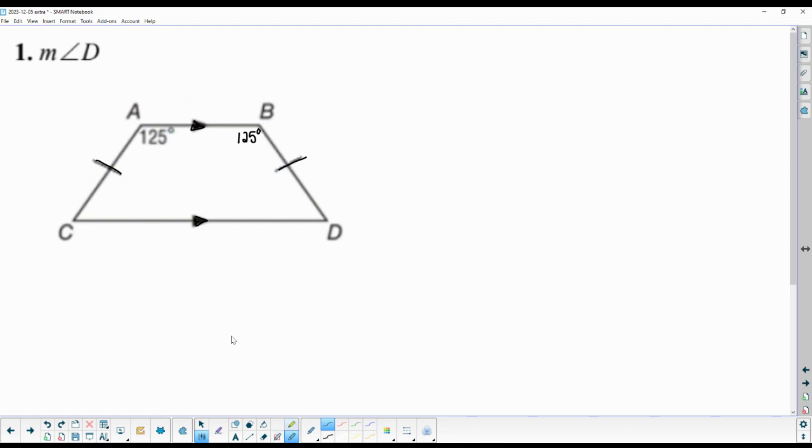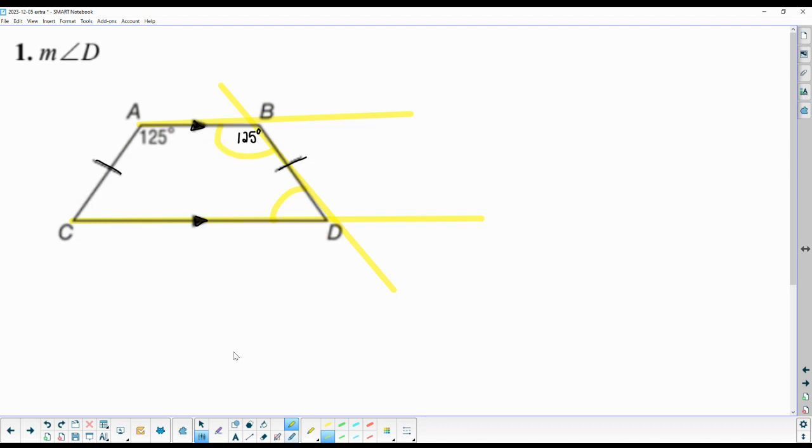Well, since these lines are parallel, since this line is parallel to this line, and this line is crossing both of them, called the transversal, that means that this angle right here and this angle right here are called consecutive interior angles.